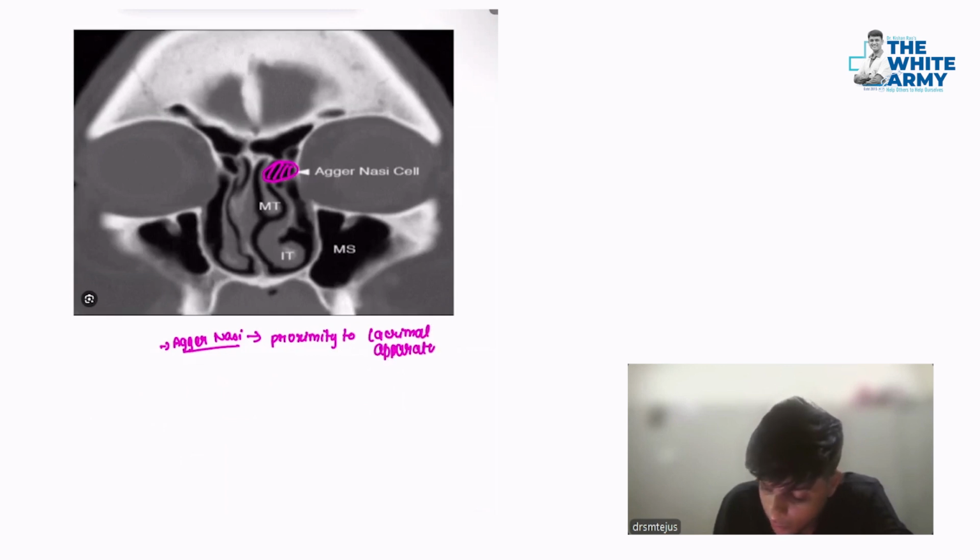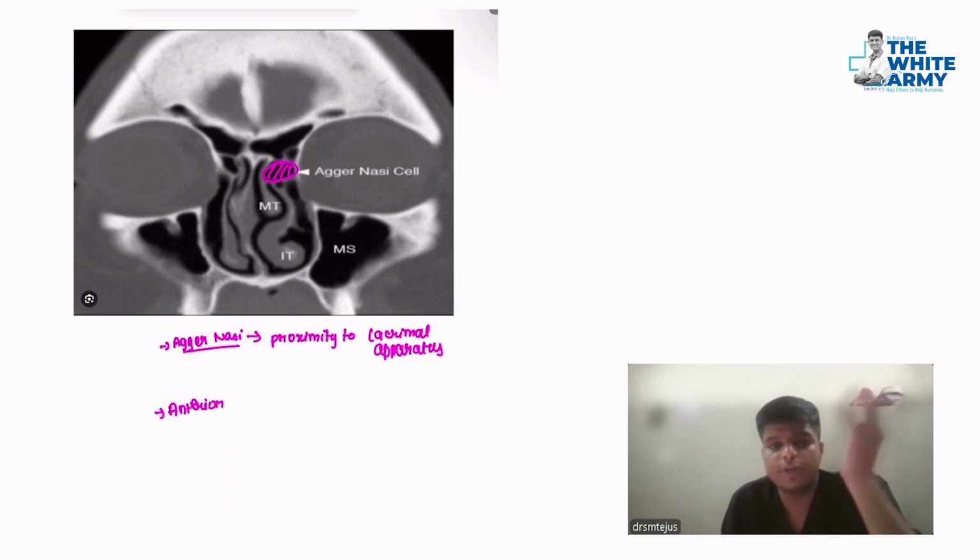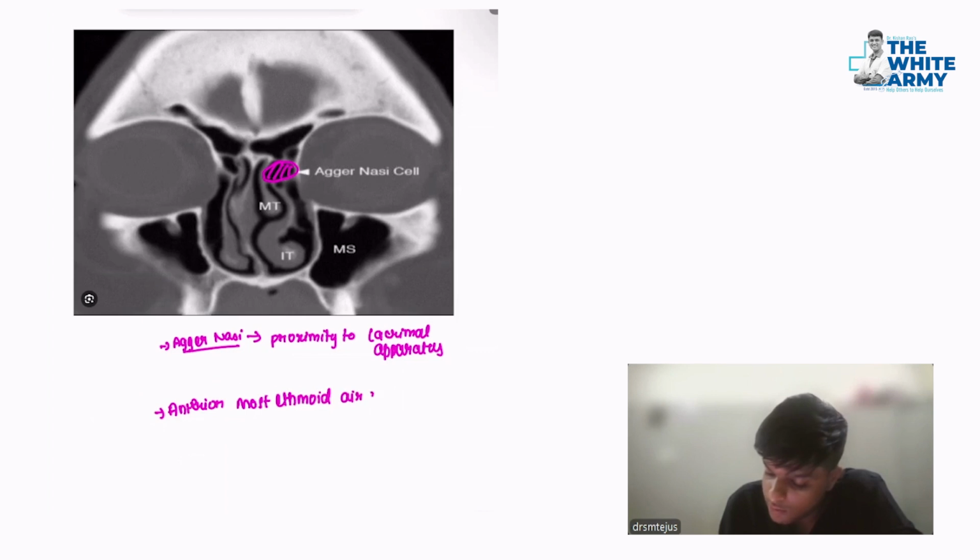There can also be one more question asked: this is the anterior most ethmoidal cell. It is present somewhere here. It migrates the most anteriorly. So the anterior most ethmoid air cell.